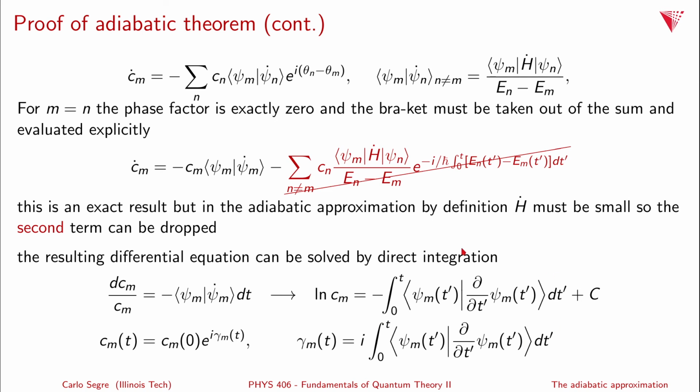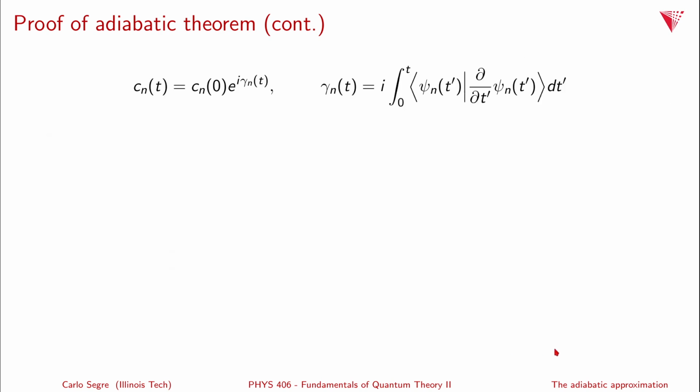Is this integral here? And so it's I times the integral from 0 to t of the inner product of psi sub m of t prime with its own time derivative, integrated over dt prime. So we now have a definition for the mth coefficient as a function of time.